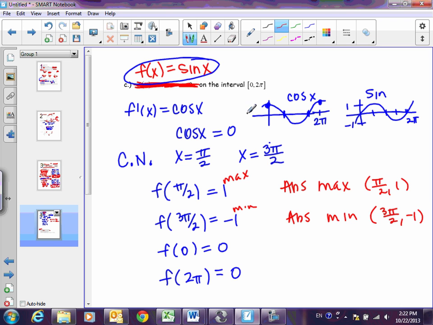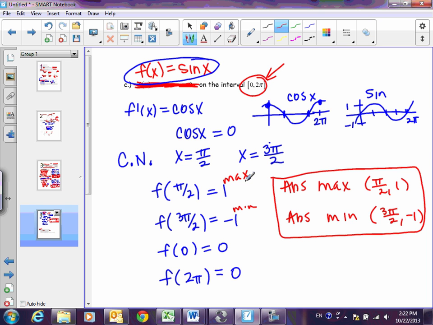And keep in mind, we stayed in our interval the whole time. That's why I don't have any negative angles. Remember how messy negative angles were last year? You really don't have to do that here because pretty much every time your interval is going to be 0 to 2 pi. I never really see it any other way.